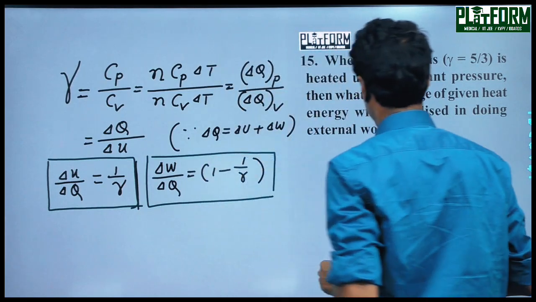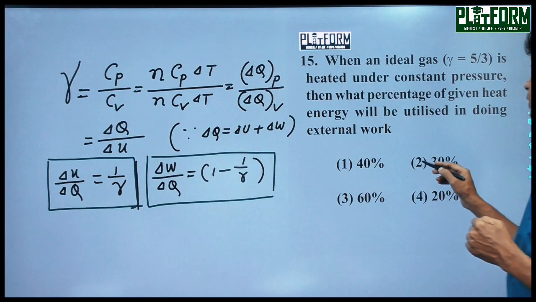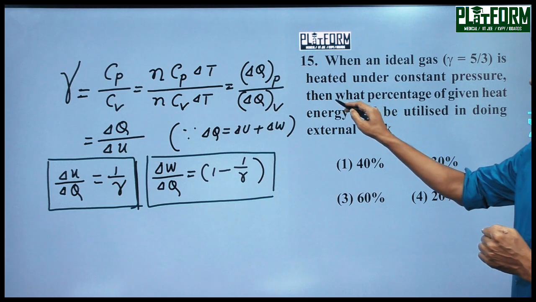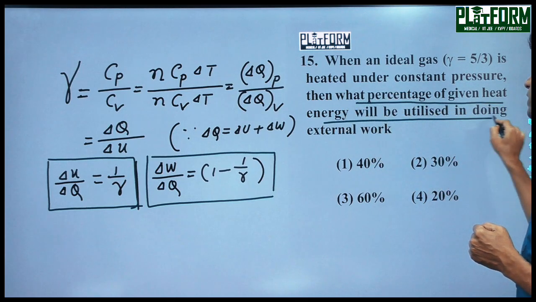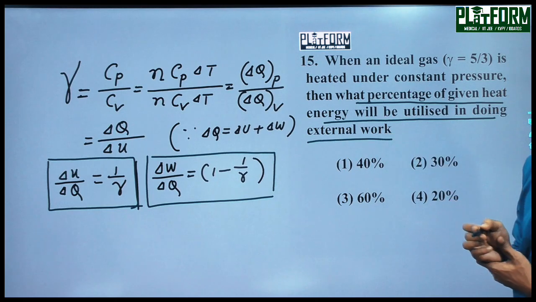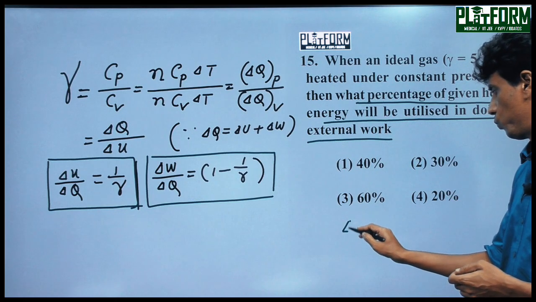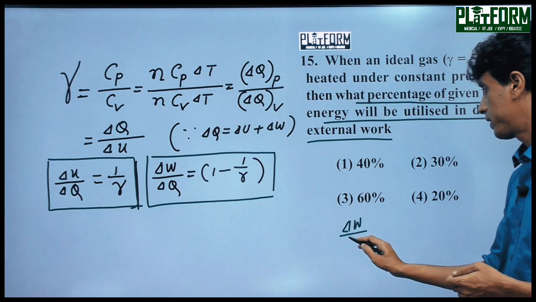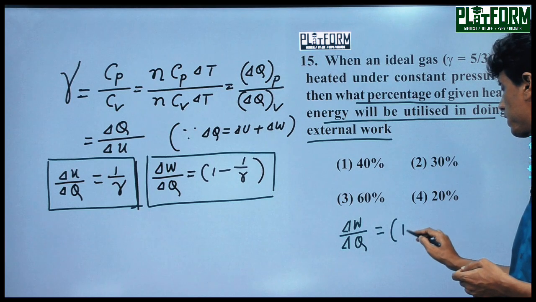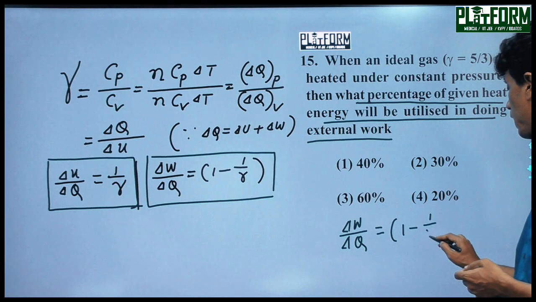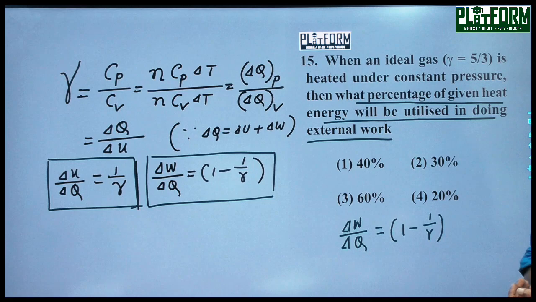Here in this problem, what percentage of heat energy will be utilized in doing external work? So for work done, we have to utilize this directly. It is 1 minus 1 by gamma, and the value of gamma given in this problem is 5 by 3.